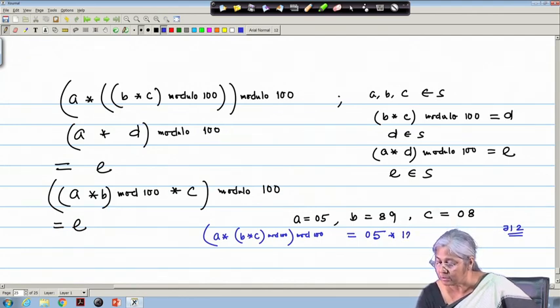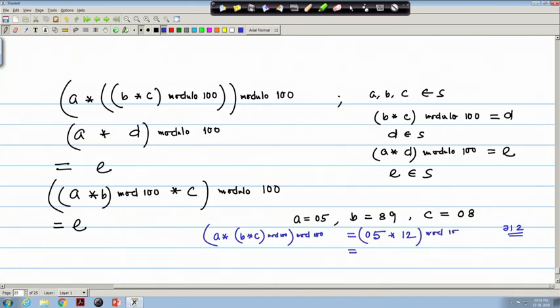So, this is 12. Now, if I take this modulo 100, it will be only 60.